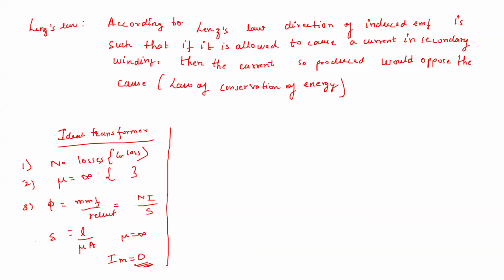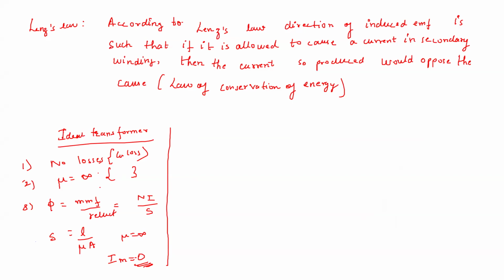This is ideal, right? Nothing is ideal in the universe. But in an ideal transformer, the magnetic path is so good that only a very small current which tends to zero will set up the magnetic field in the transformer. So these are the ideal transformer assumptions.